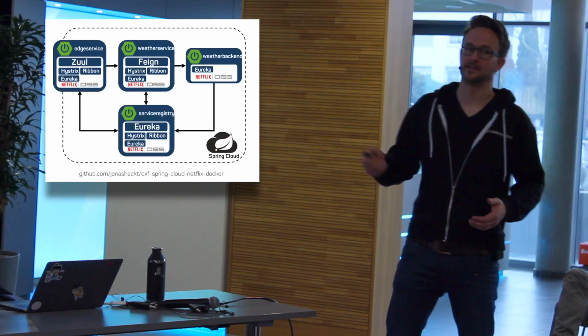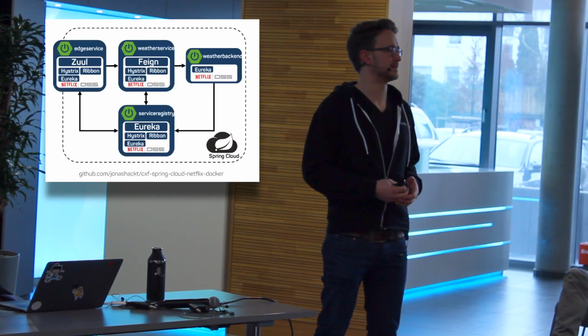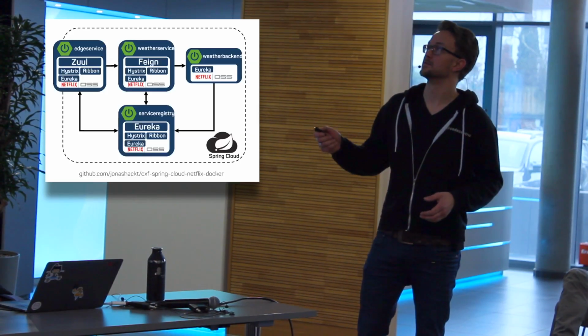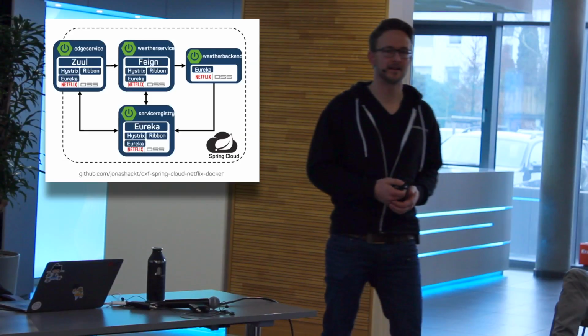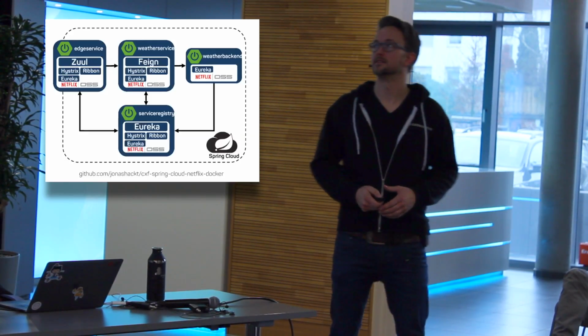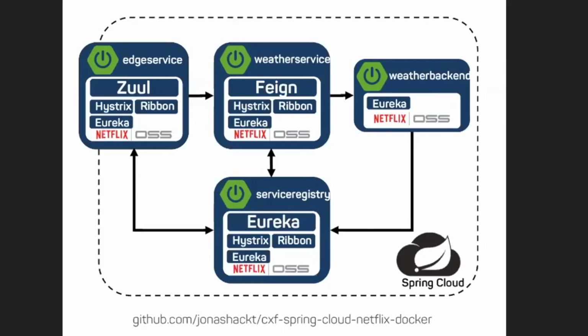I just use an edge service. You know, you're always doing this edge service thing for accessing your microservices. And then you have just the weather service that is calling a weather backend. And then you have all these nice Spring Cloud tools like Zuul here. I think we will get to hear the new Spring Cloud Gateway today from Josh.